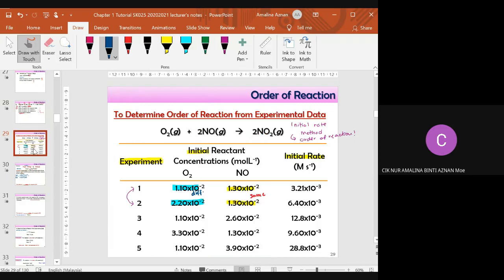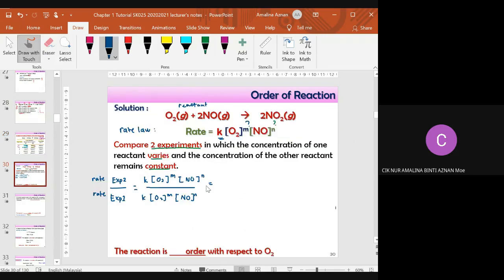So experiment 2, tengok sini. K, 2.2 exponent negative 2, to the power of M. Right?